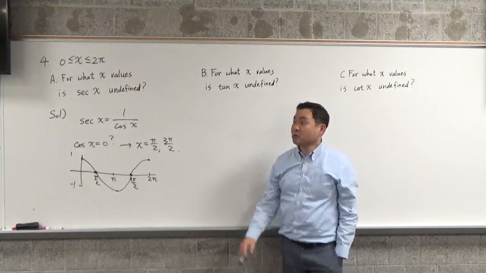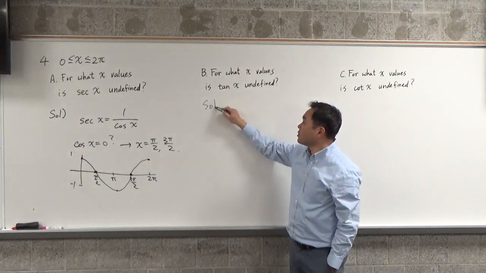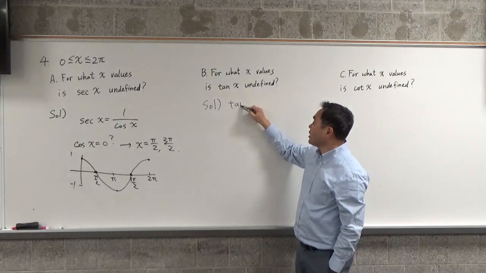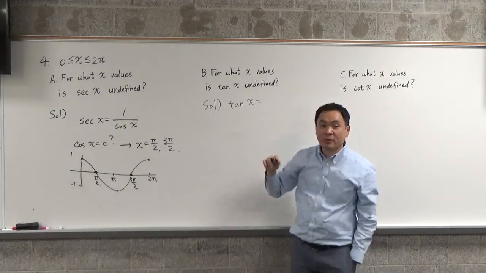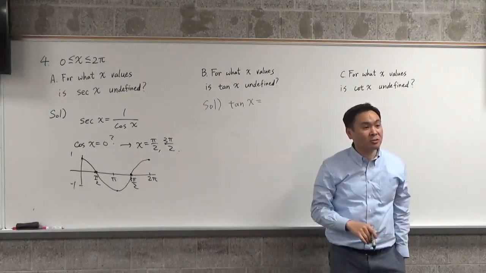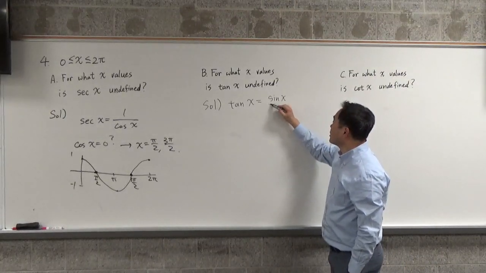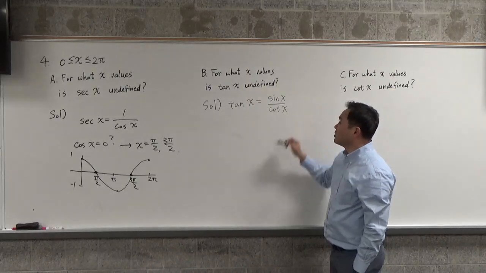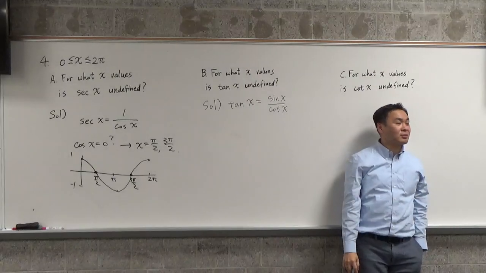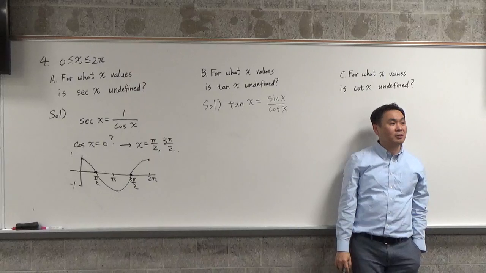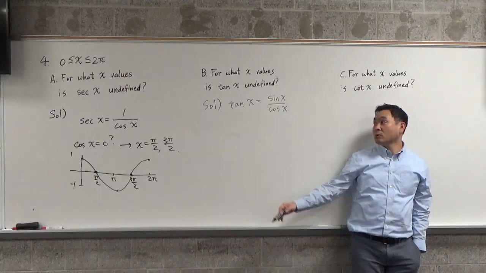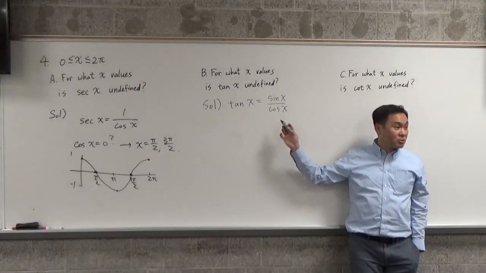Okay, so let's approach the second question in a similar way. Tangent of x, if you write this as a fraction, it's what over what? Tangent is sine x over cosine x. Okay, so when is this undefined? When the denominator is 0, it's undefined, right?